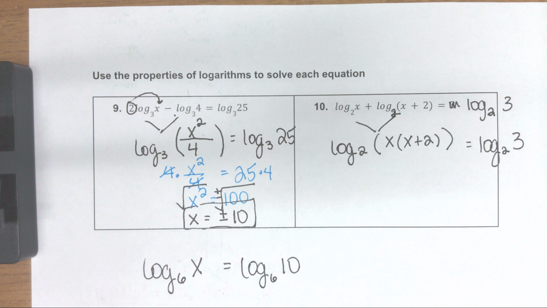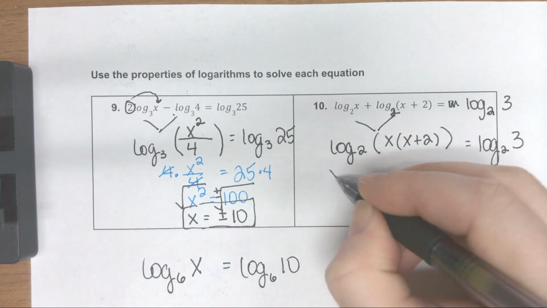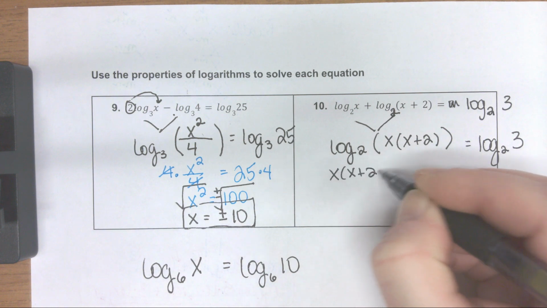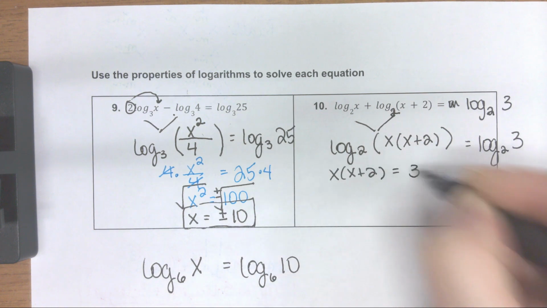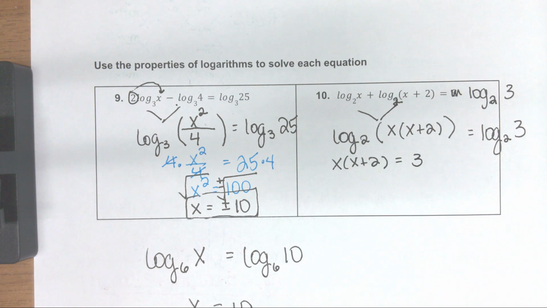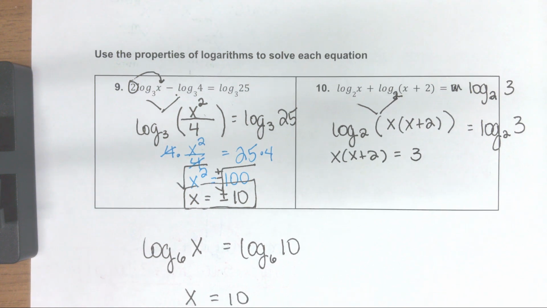Okay, same deal as before. Since I have them written as log base 2 on both sides, I am now going to drop the logarithm expression out. So I have x times x plus 2 equals 3. And now we're going to go ahead and solve.